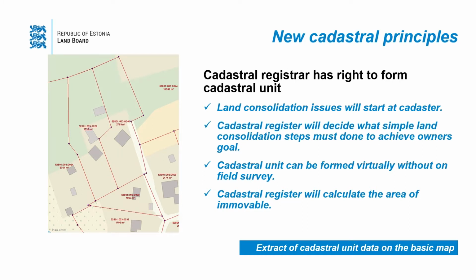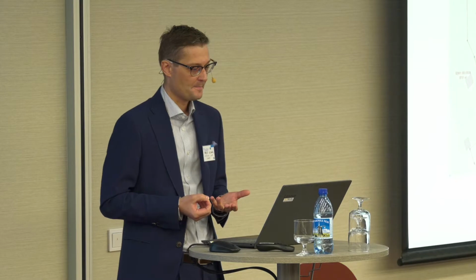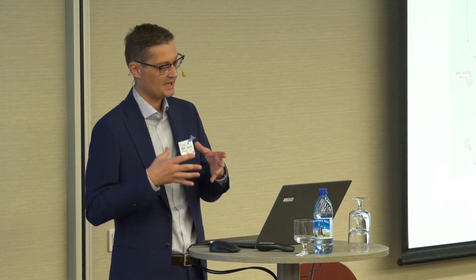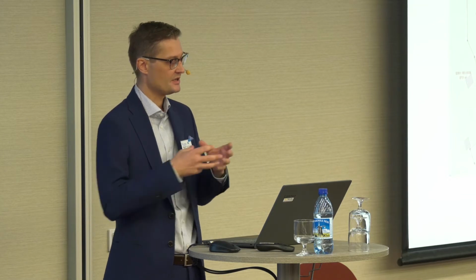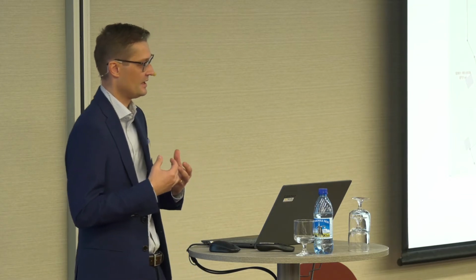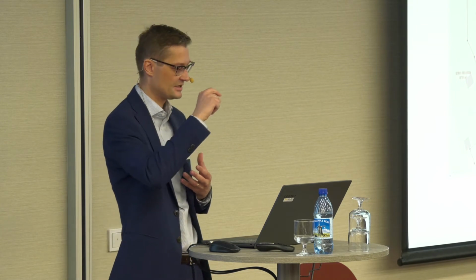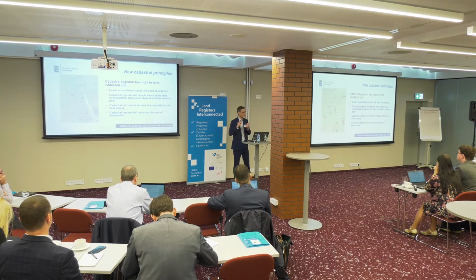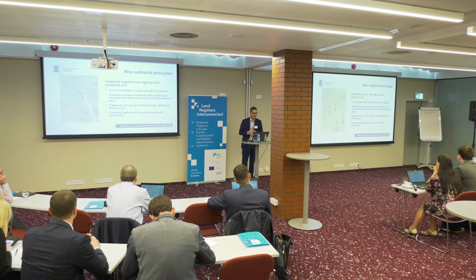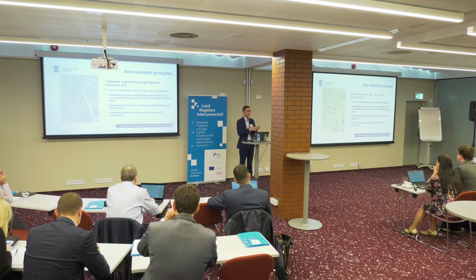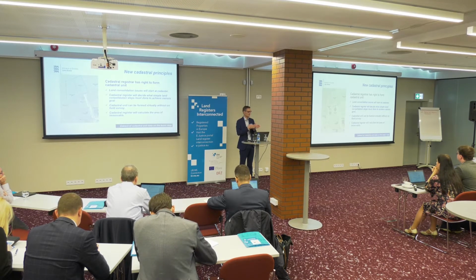And we are moving very much in that direction, where it starts like an application from a landowner. The landowner can start to draw their dream cadastral unit, and our register just looks at it and makes the changes. After that, we interconnect through the X-road and we can make the changes in the land register.